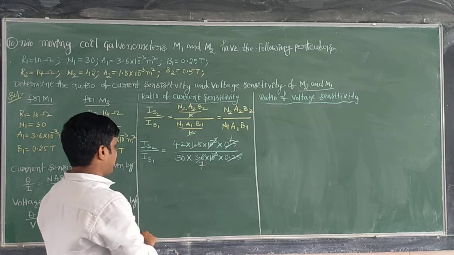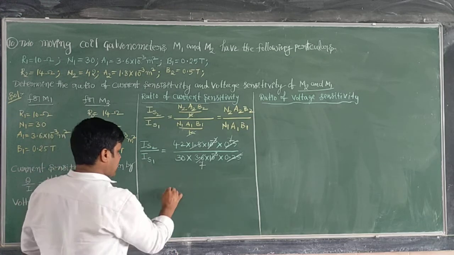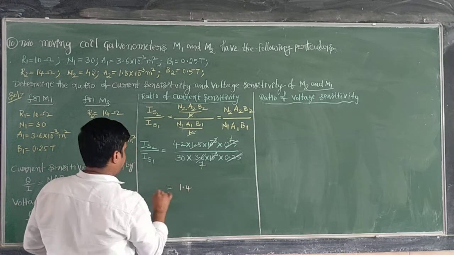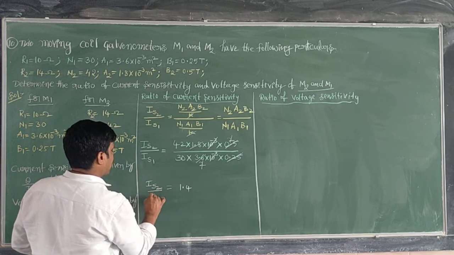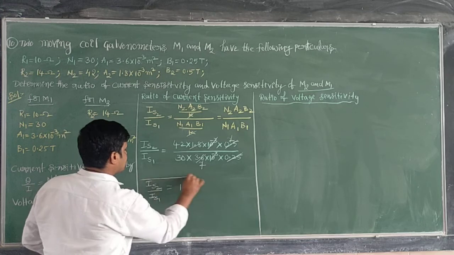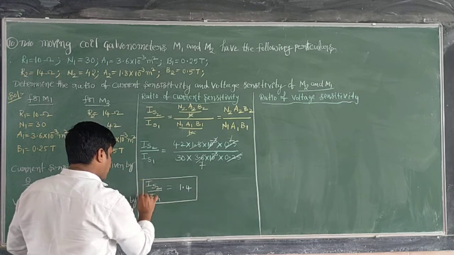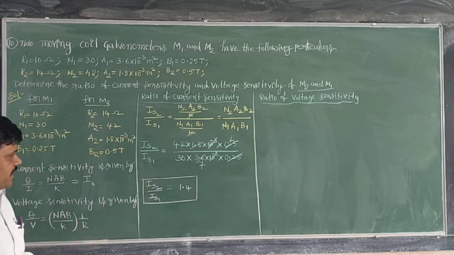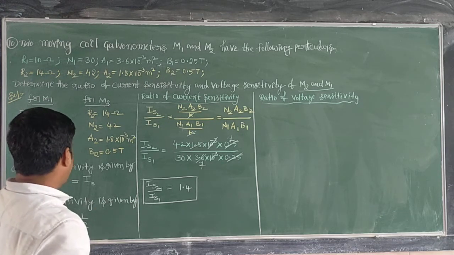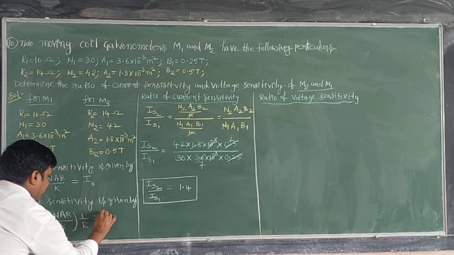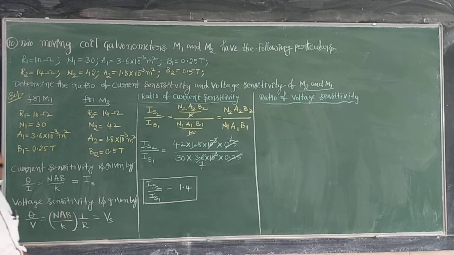So 42 divided by 30 is 1.4. That means the current sensitivity of the second moving coil galvanometer to that of the first is 1.4.